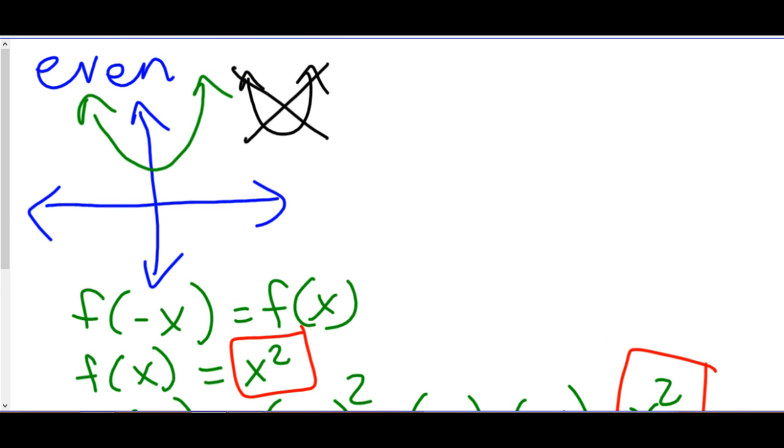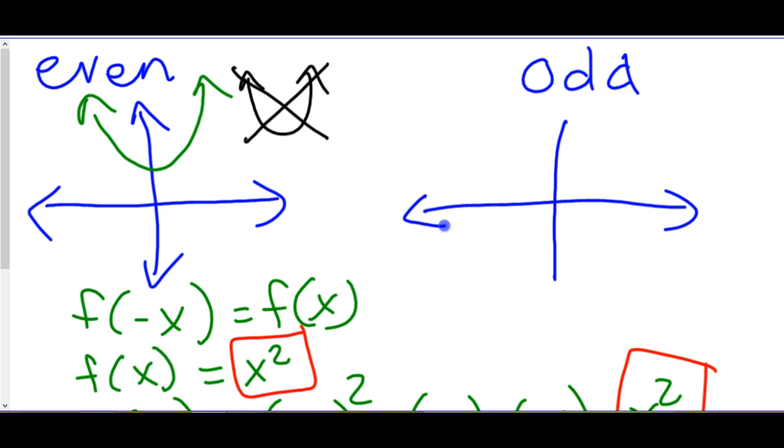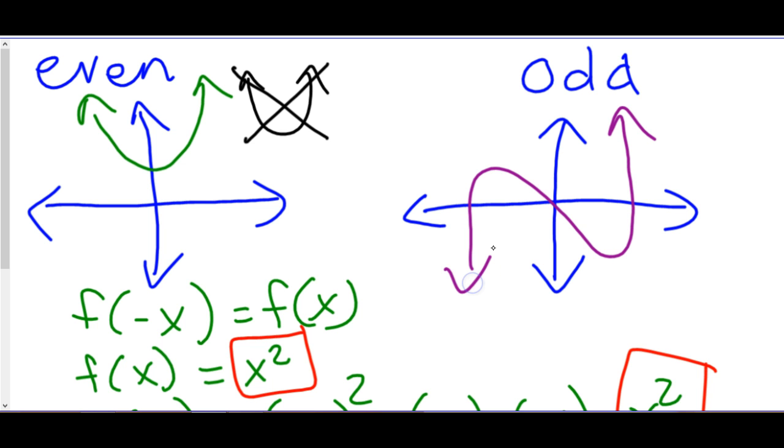An odd function is symmetric about the origin. A good example of an odd function is x cubed. Basically what we're saying is you could take just the left side and rotate it 180 degrees to get the other piece.